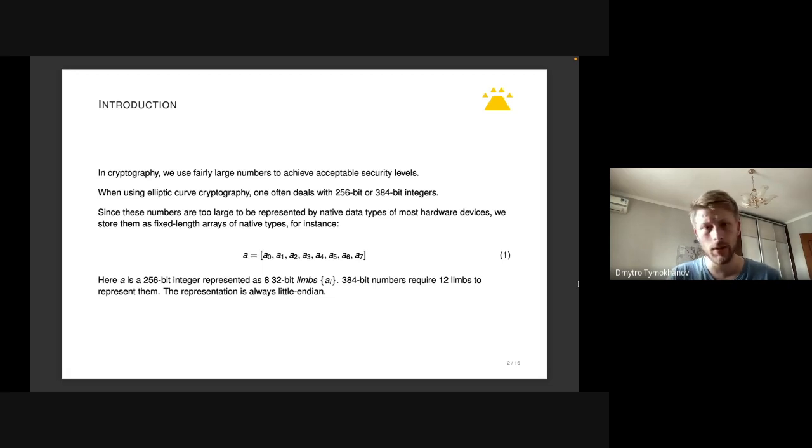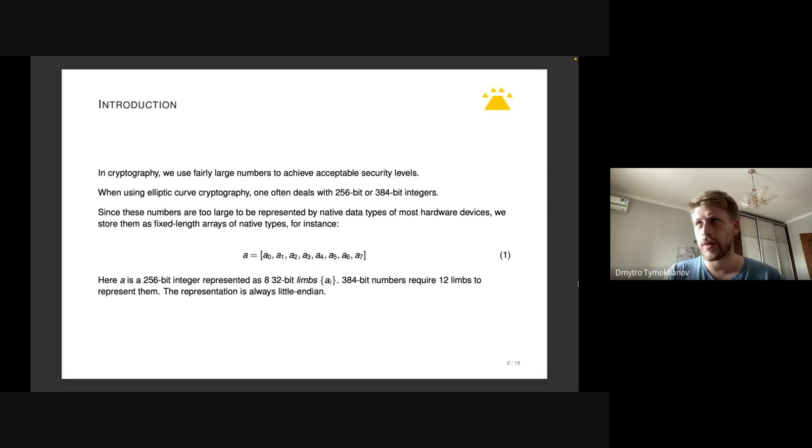For example, we have a number that consists of 8 32-bit digits, or limbs as we call them, A0, A1, and up to A7, which is how we represent a 256-bit integer. And for a 384-bit integer, it's similar but with 12 limbs.